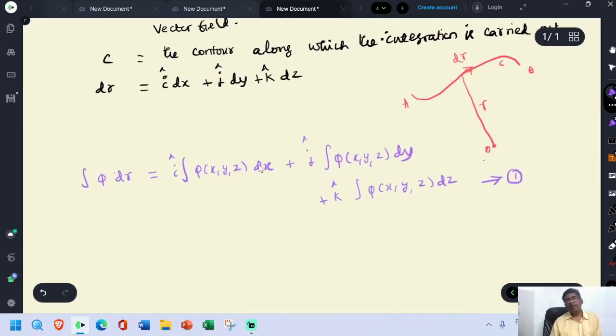If you want to make the integral with respect to x, we should know the dependence of y and z on x. Then only we can evaluate this integral. Here we should know the dependence of x and z on y. To evaluate this integral, we should know the dependence of x and y on z.